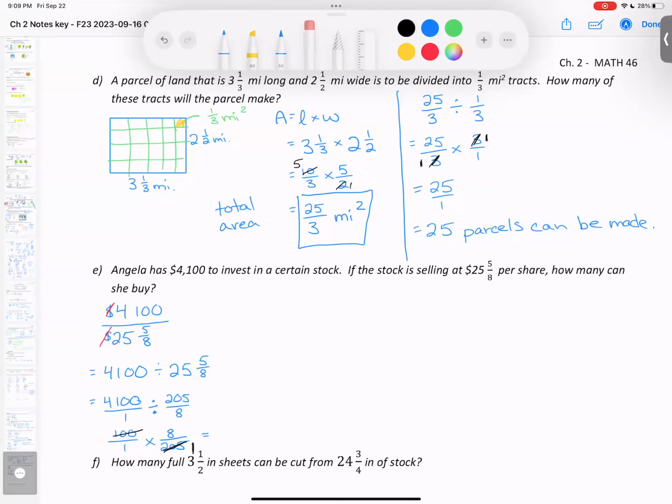Okay, so that's a 20. And so now we've got 20 times 8 gives us 160 over 1, which is 160. And so that will be our answer. 160 shares can be bought.